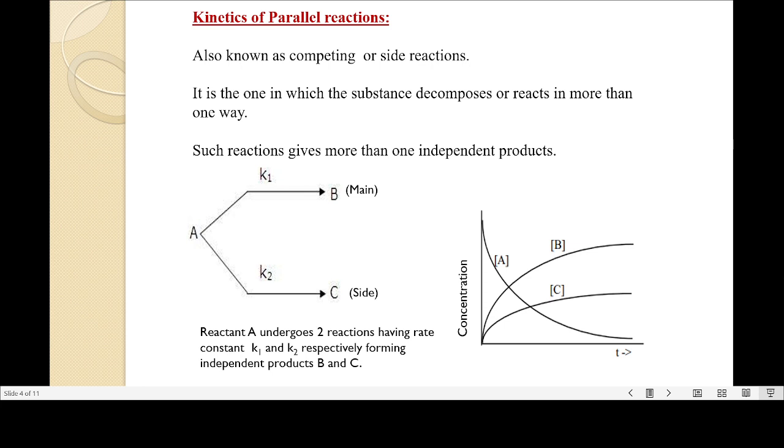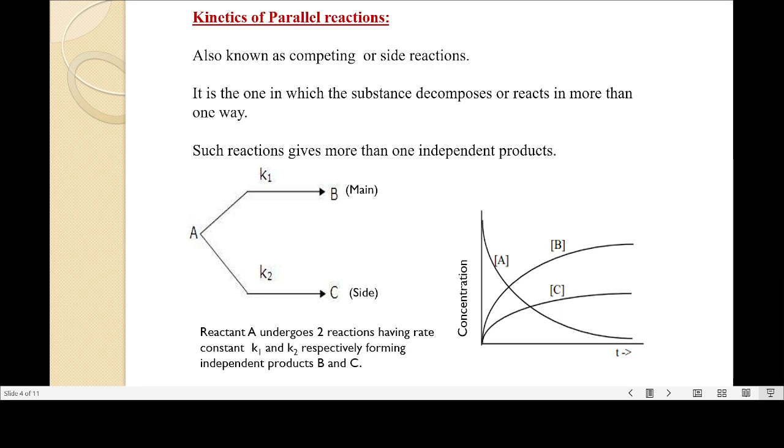When we see, the reactant is going to be considered as capital A, and the reactant A is going to give you two main products. One is B, the other one is C. So here B is going to be the main product and C is the side product.